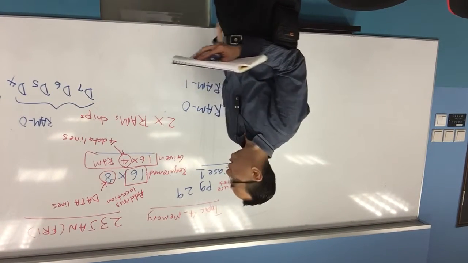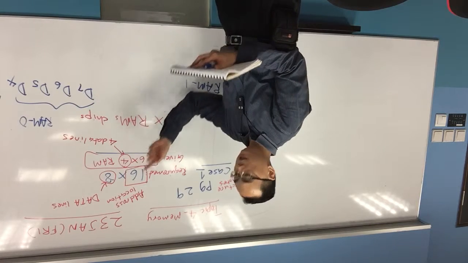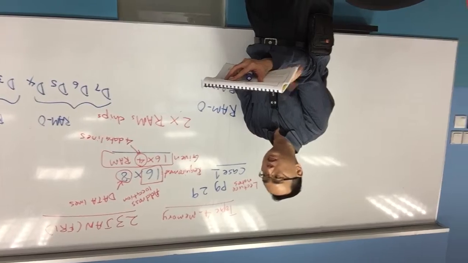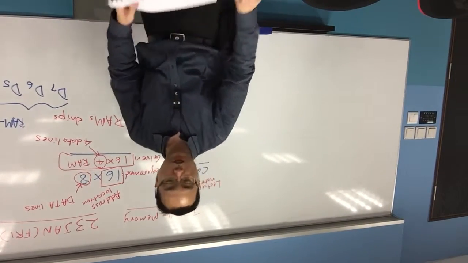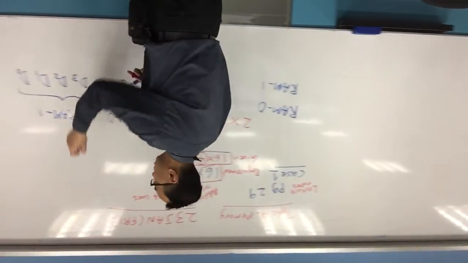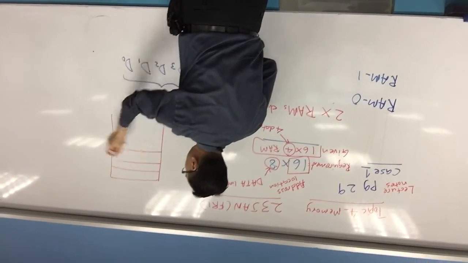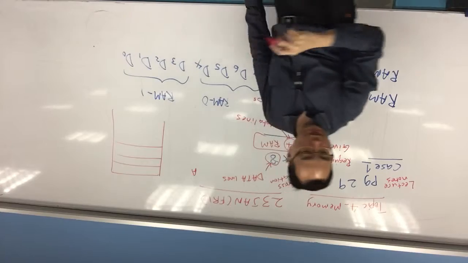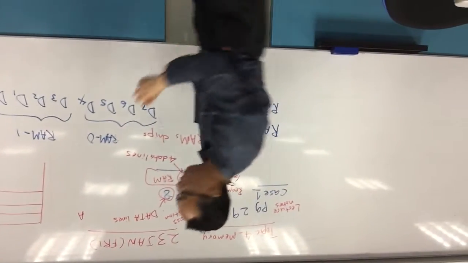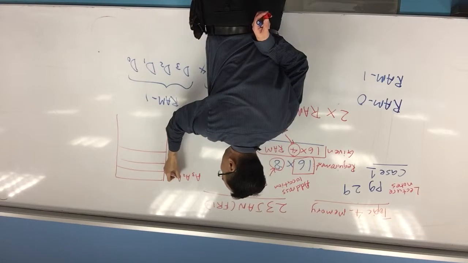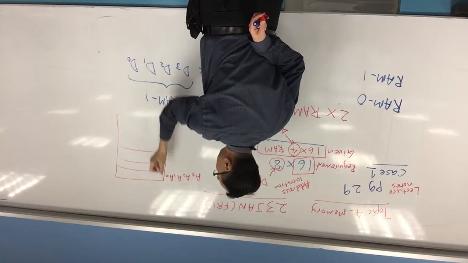But your address line is fixed. In this case, 16, right? That means there are 16 physical memory locations. So if I were to draw a memory, this is a very simple case, right? Let's say A3, A2, A1, A0.